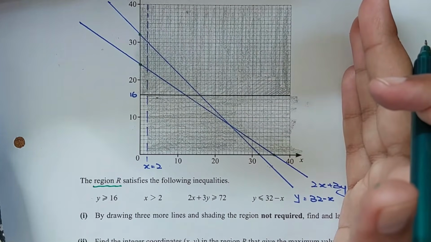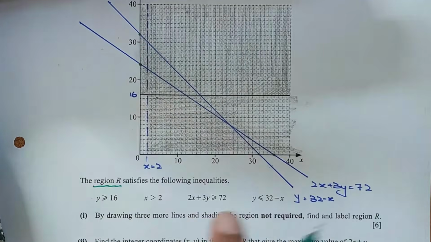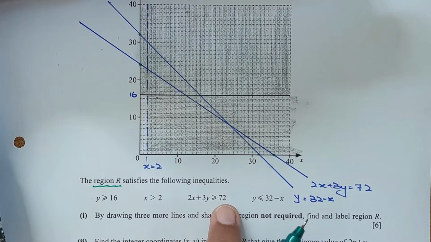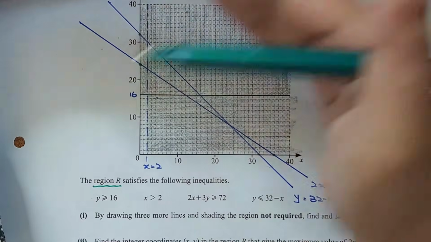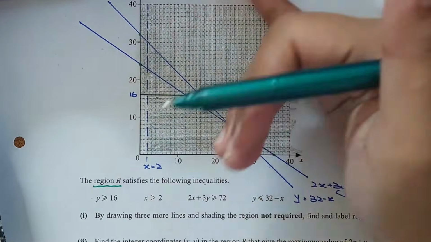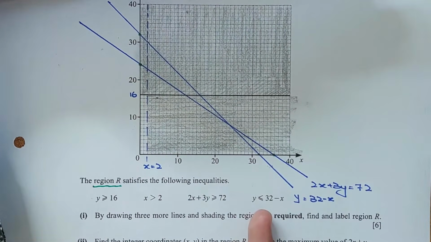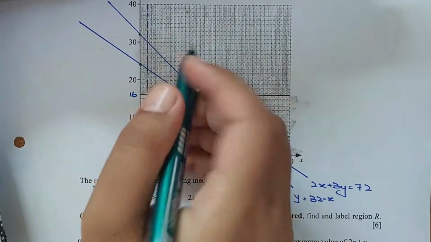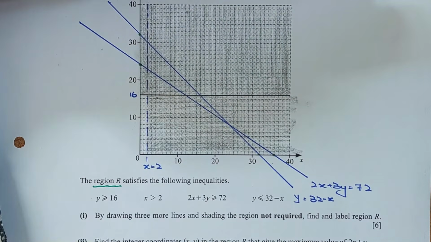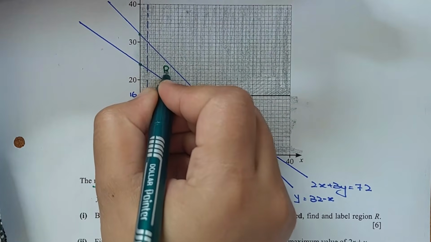So for the 2 inequalities, this is the intersecting region, right? And for this inequality is greater than or equal to, so the more portion, again the top one, right? And the lower portion, the lower one. So the region that is satisfied with all the 3 inequalities is this region R.